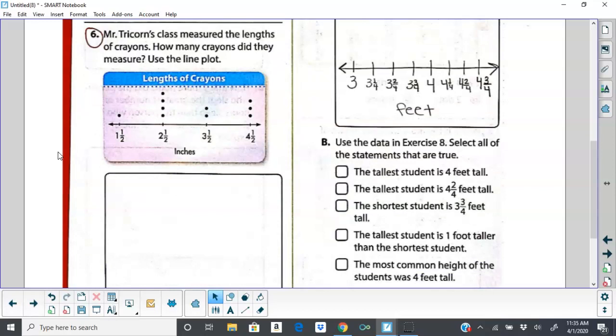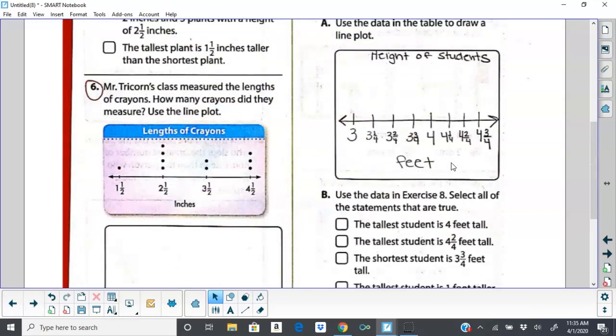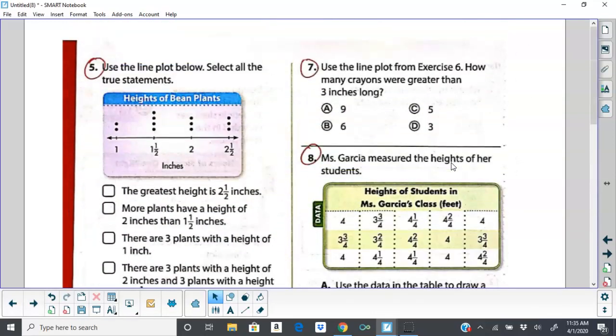Number 6. Mr. Trihorn's class measured the lengths of crayons. How many crayons did they measure? Use the line plot. Number 7.